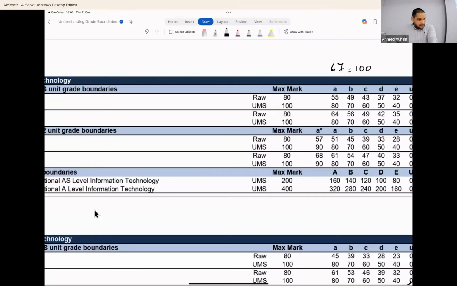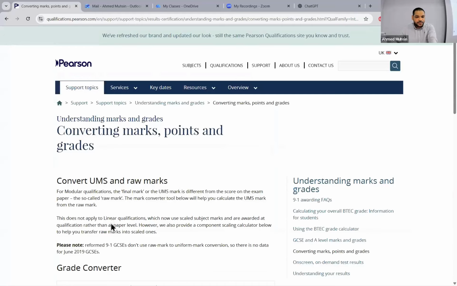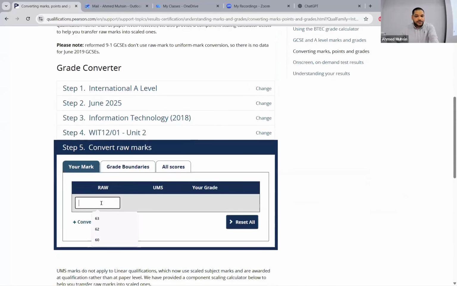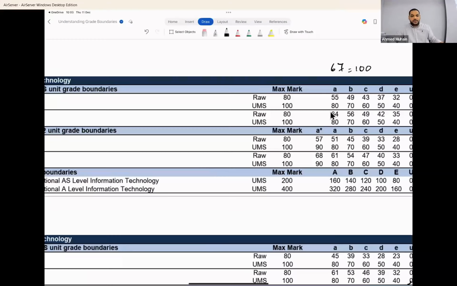Unit 2 also you scored 88, you told me, right? So let's see Unit 2, how it works. 70 is 88. Over here, how much to get 100?